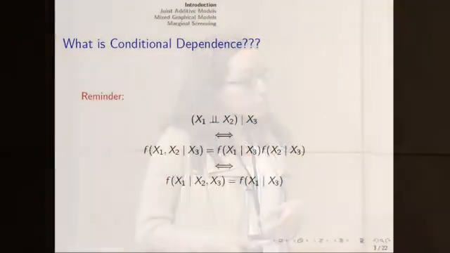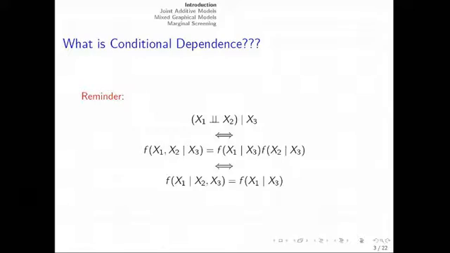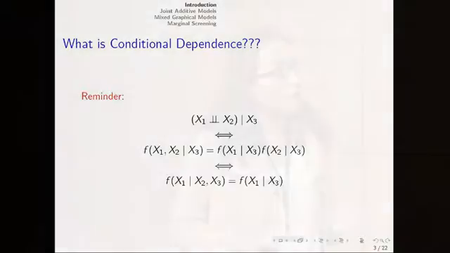To briefly summarize, in a graphical model, nodes represent random variables, and edges represent conditional dependence. Conditional independence between three random variables means that x1 and x2 are conditionally independent given x3. That's equivalent to saying that the density of x1 given x2 and x3 doesn't depend on x2.